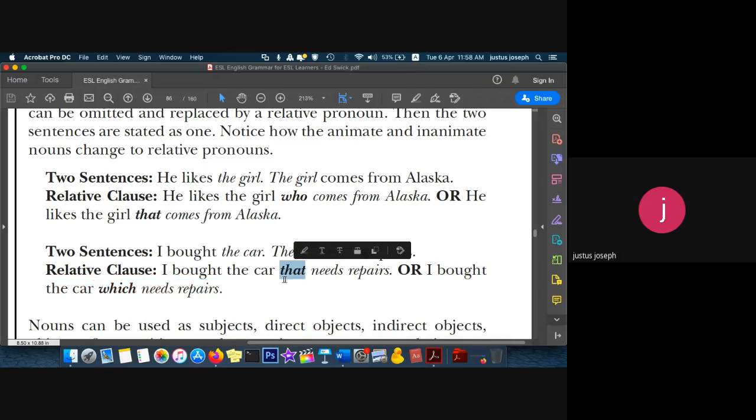When do we use that? When we are supposed to give some important, essential information. So when you're using the word that needs repairs, I'm not just saying that I bought a car. I'm also saying that I bought a very unproductive car.